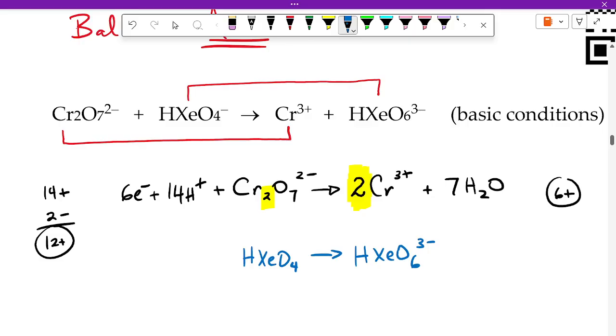Do you guys see what I did in my second one that's wrong already? I almost forgot the negative. I was like, oh my gosh, that would be so typical of me. So typical. Don't forget your negatives. Check your charges.